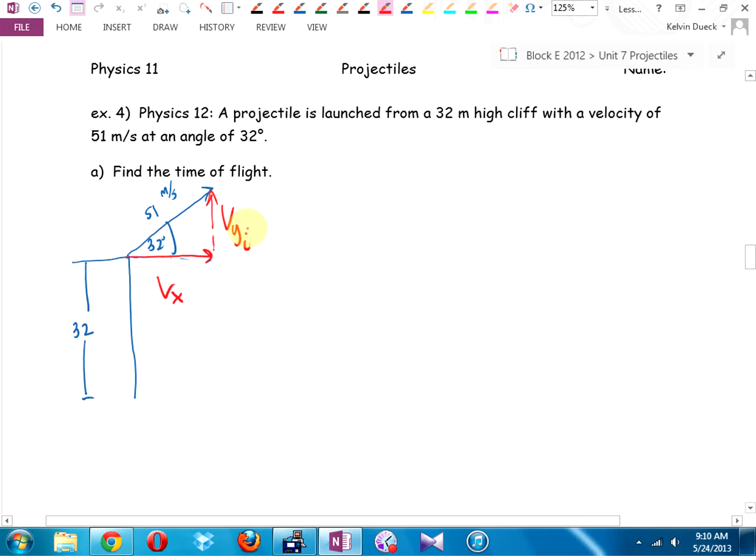What's Vx going to be, sine or cos? What's Vy going to be, sine or cos? Just in the interests of time, it's going to be hypotenuse, adjacent, and opposite, but Vx is going to be the velocity cos 32, and Vy is going to be the velocity sine 32.